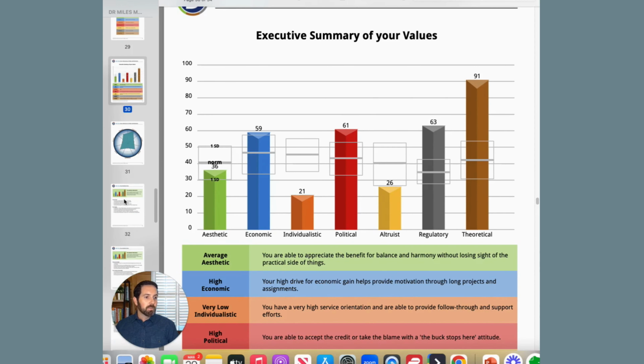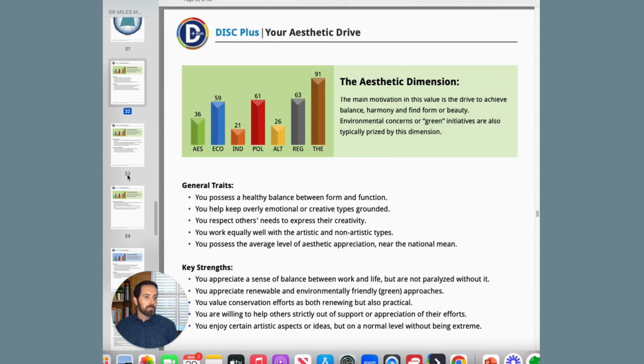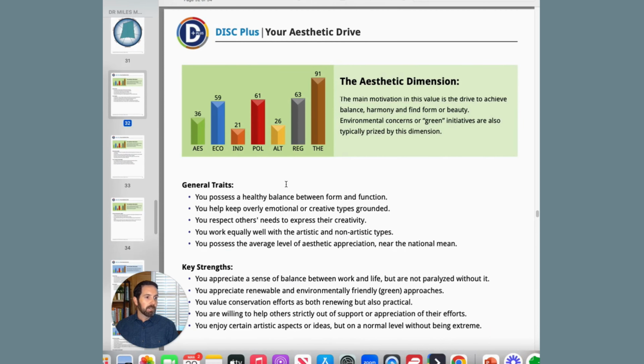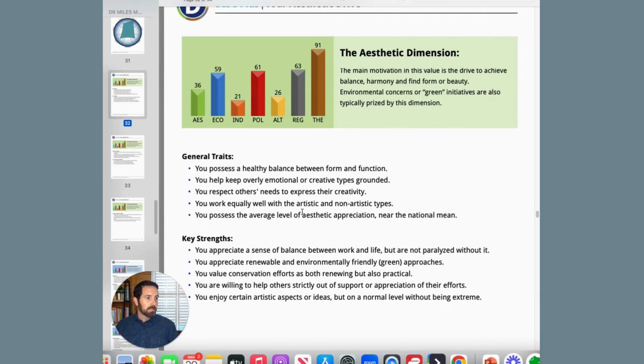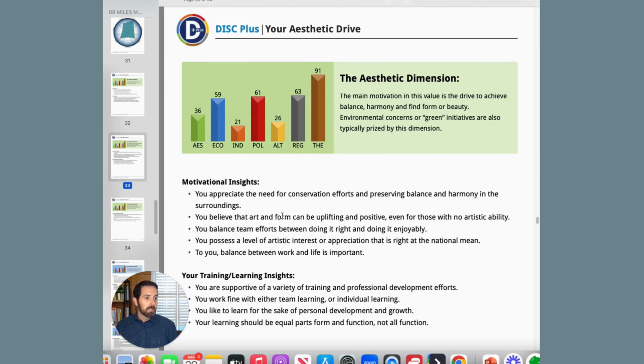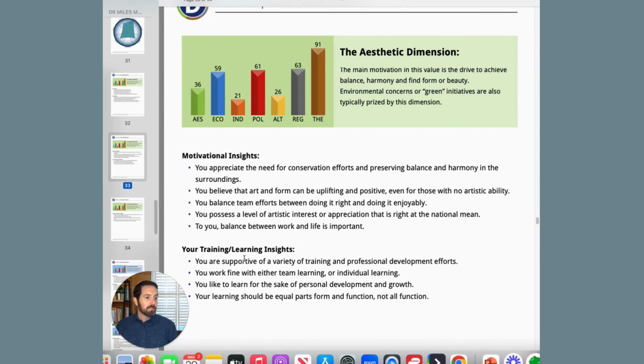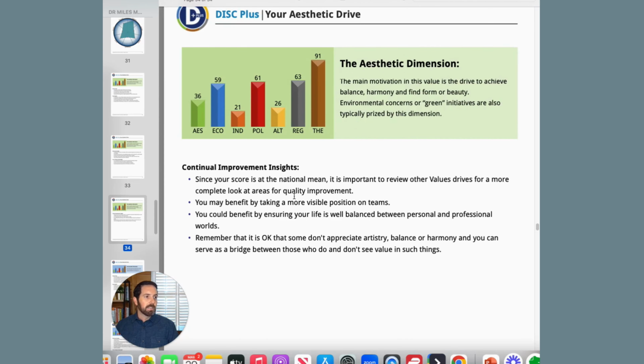So as you go through this report, there are 3 different pages that talk about the general traits of each one of these dimensions: motivational insights, training and learning insights, sort of like the DISC, and then continual improvement insights. I certainly wouldn't read these to you, but as you go through those, I would do like you did with the D, the I, the S, and the C, and highlight some areas where you see, hey, I provide a lot of value here or opportunity here.